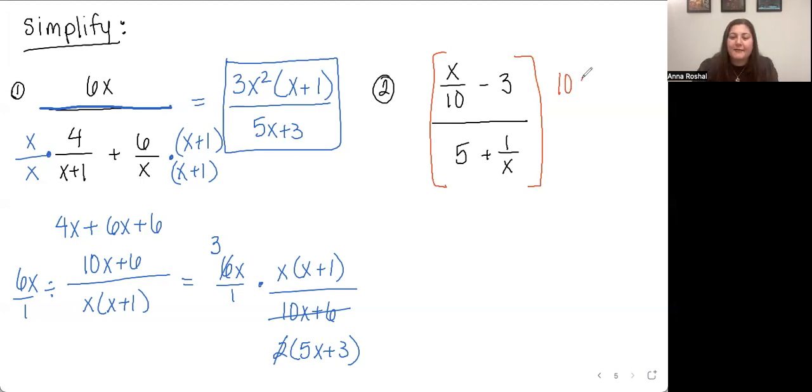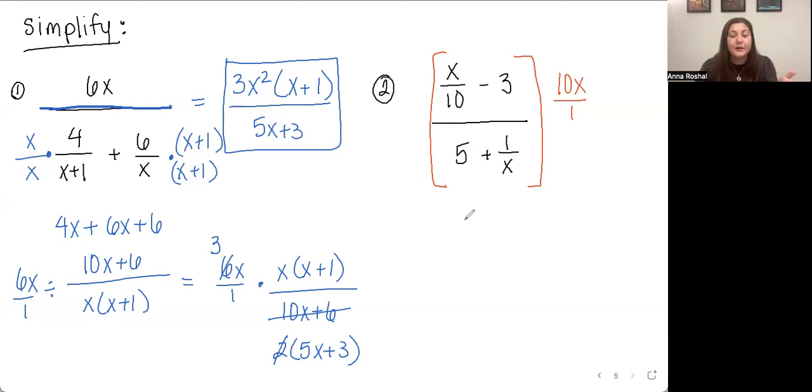So I'm going to multiply every single one of these terms by 10x, because 10 and x are part of my denominator. Okay. So when I do x over 10 times 10x, technically my 10s will cancel, right?